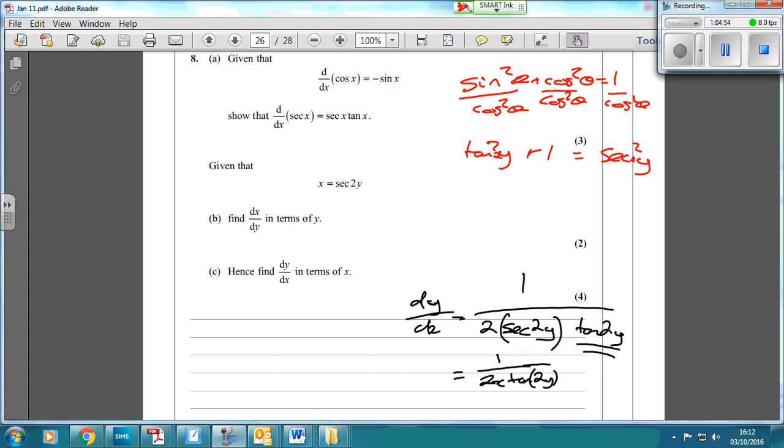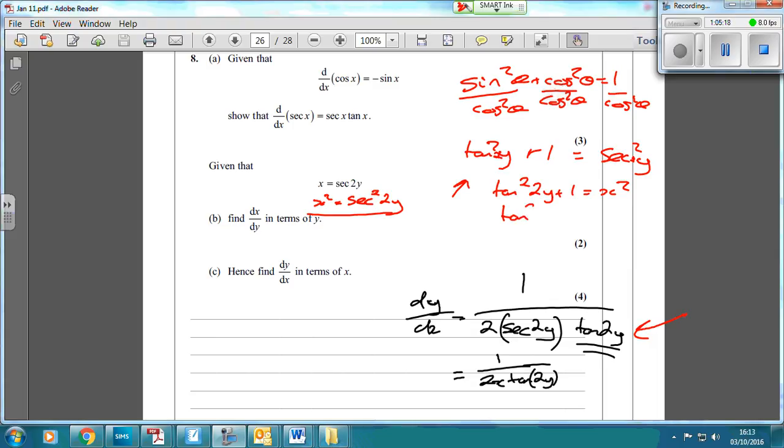Now we know that sec 2y is going to be x. So x squared is sec squared 2y. So we can say that tan squared 2y plus 1 equals sec squared 2y, which we know is x squared. So again, looking down here, we want to get rid of the tan 2y.